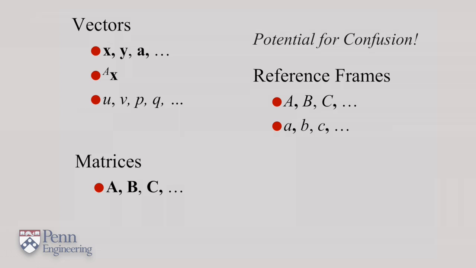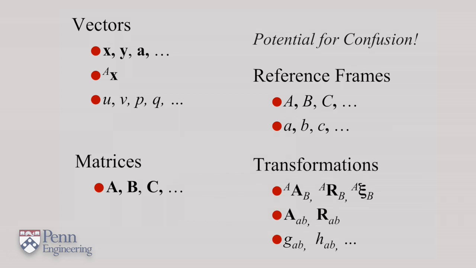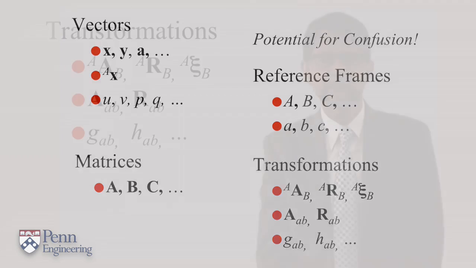Matrices are denoted by uppercase boldface letters. And then we talk about transformations. So these are the main concepts that we use to think about how vectors in one frame can be written in another frame.